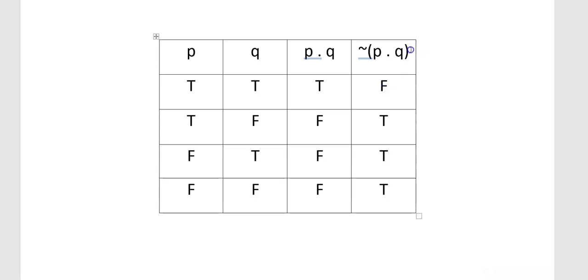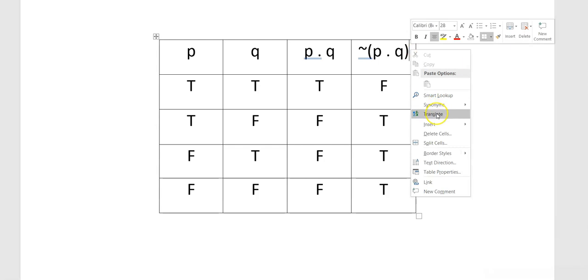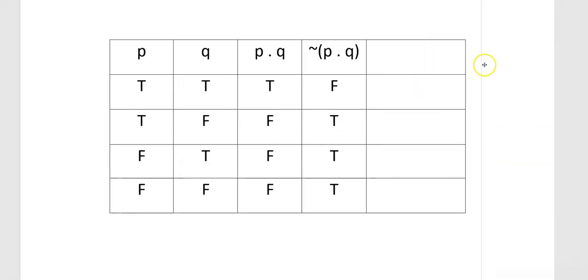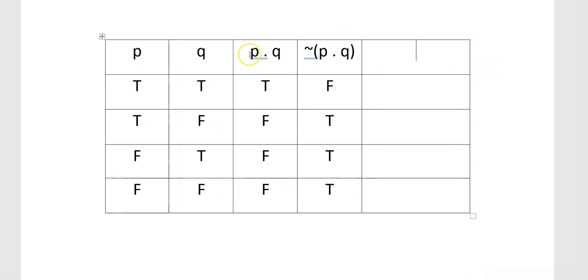Now I was suggesting that we need to have minimum effort to deny the conjunction. So here I wish to refer to the rule which is taken for calculating the value of conjunction P dot Q, and the rule says that P dot Q is true only when P and Q both are true.